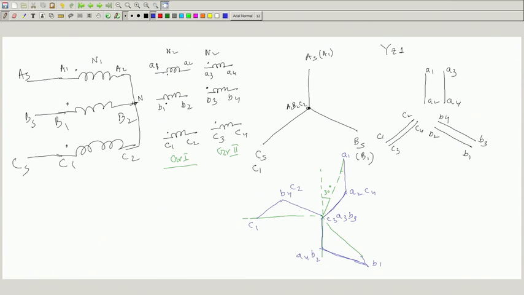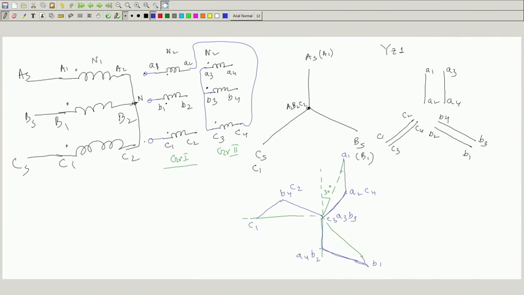For example, A1, A2 is connected to C4. So, take a piece of wire, connect it, and which three are shorted, A3, B3, C3, short them, is not. I short them, and I connect. So, ones will be the output terminals A1, B1, C1, these will be my output terminals.